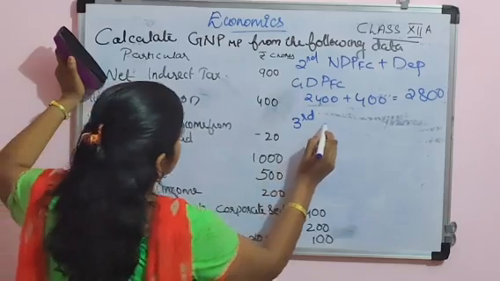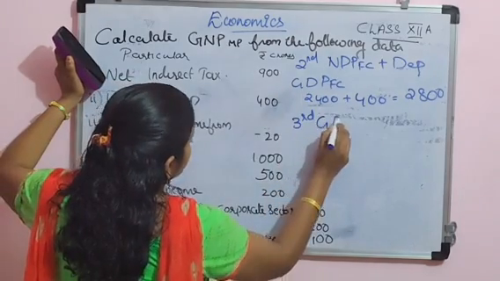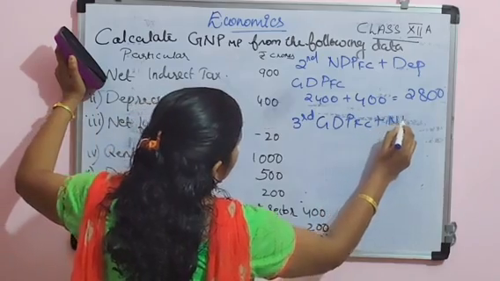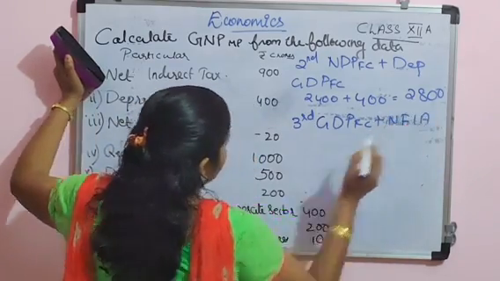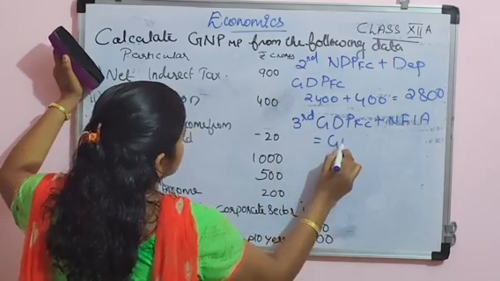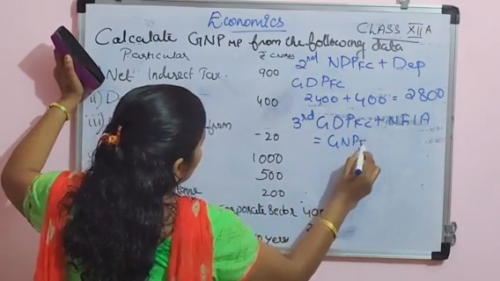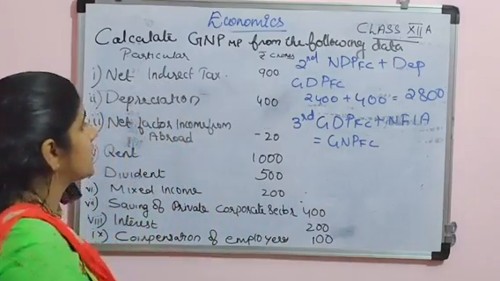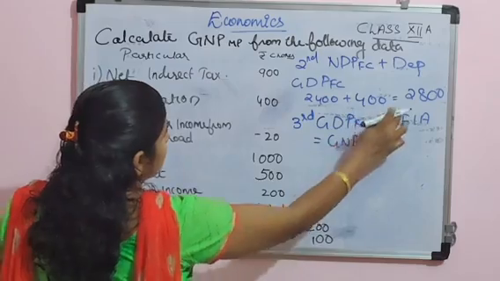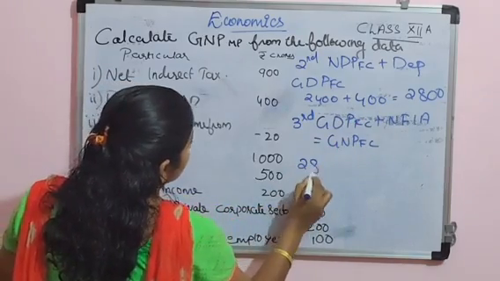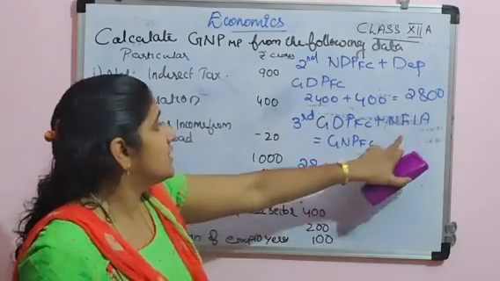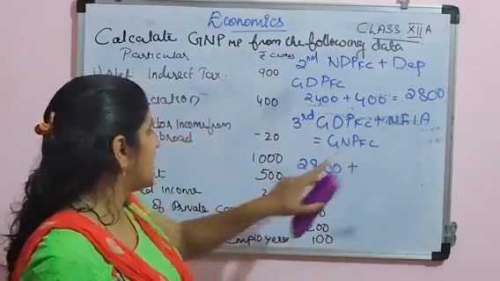That is GDPFC plus net factor income from abroad, then we will get GNPFC. So GNPFC is equal to, here GDPFC is 2800 plus we want to add NFIA.